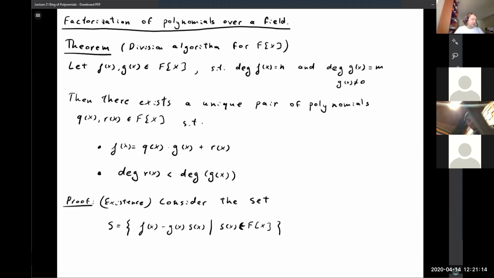However, it must have the element of the smallest degree.